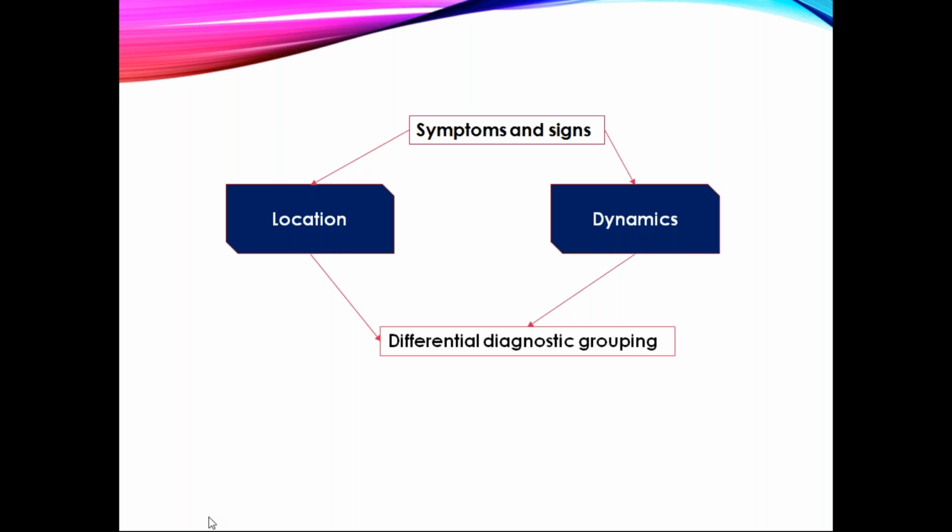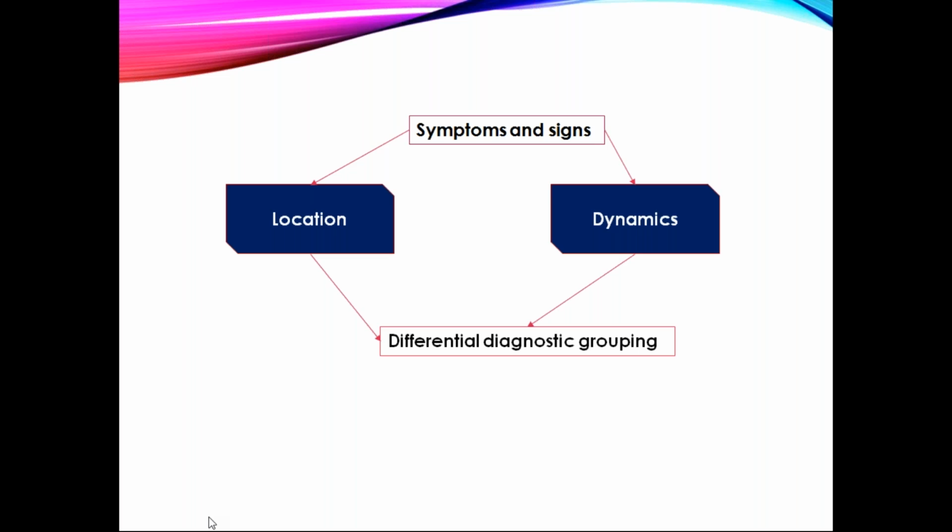It is unilateral. Then dynamics: is it pulsating or non-pulsating? Is it increasing with cough or not? Different aspects you will study, and then you will formulate a differential diagnosis. A unilateral proptosis, non-pulsating, painful or not painful, acute or chronic.